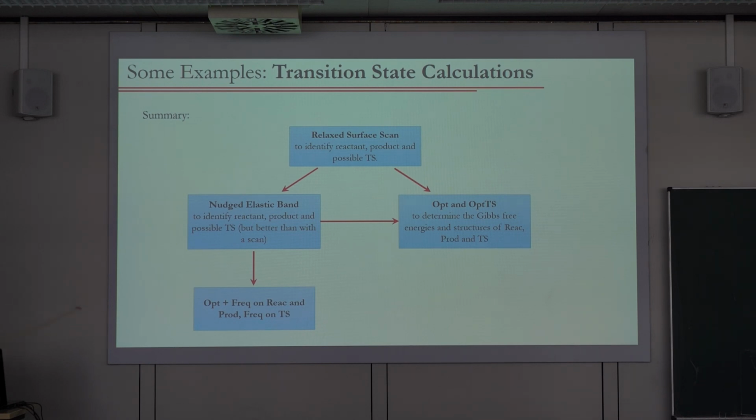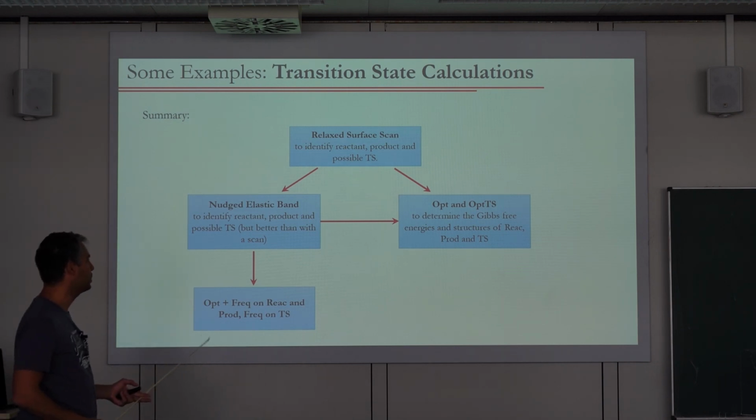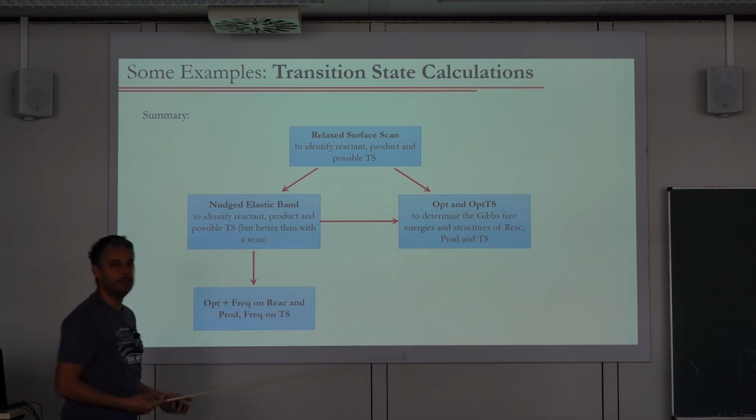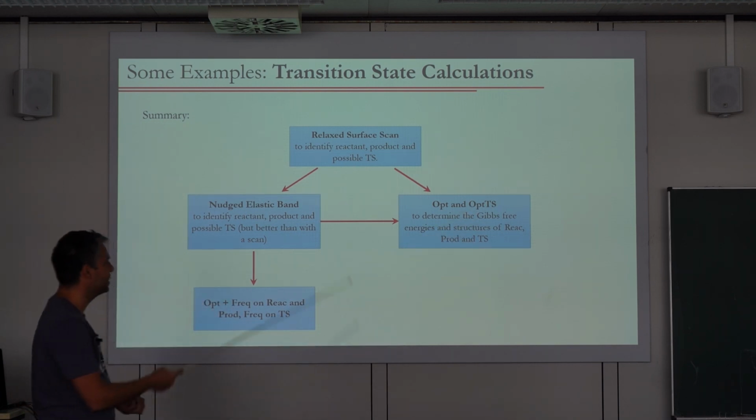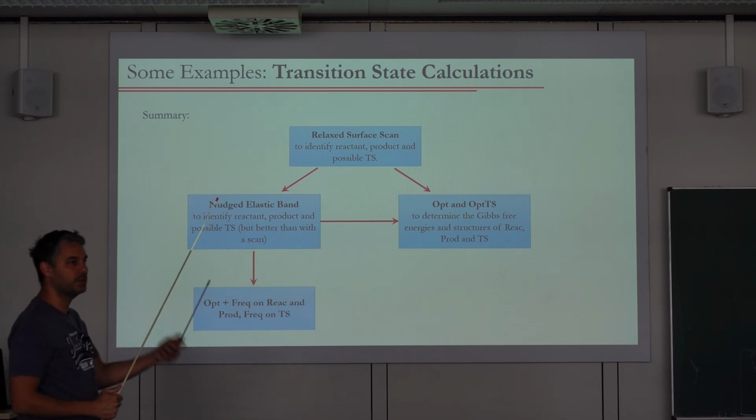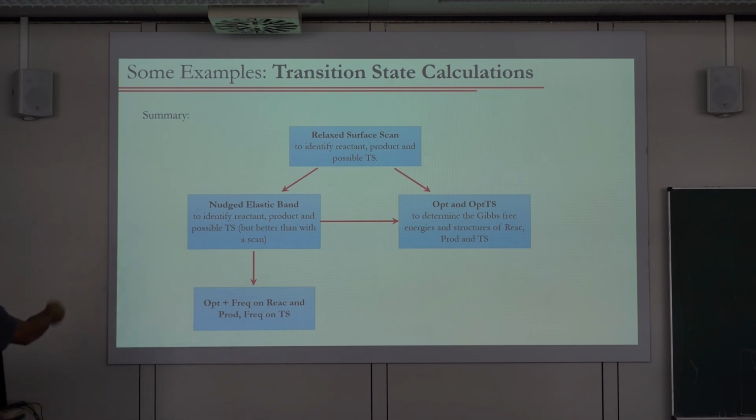It was not the point of this paper to be quantitative about these reactions, because we were speculating on what could happen. You can also use opt-TS, and this will work in maybe simpler reactions, but it doesn't work all the time, and it can be really difficult to get it to work, so I go this route.